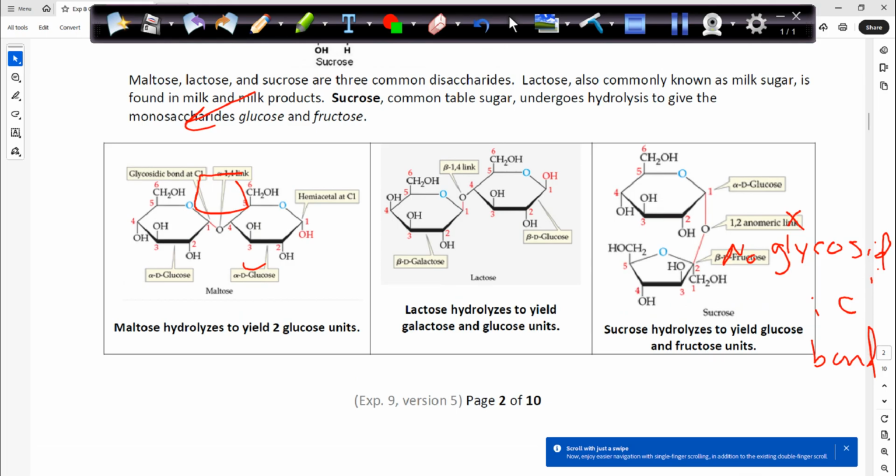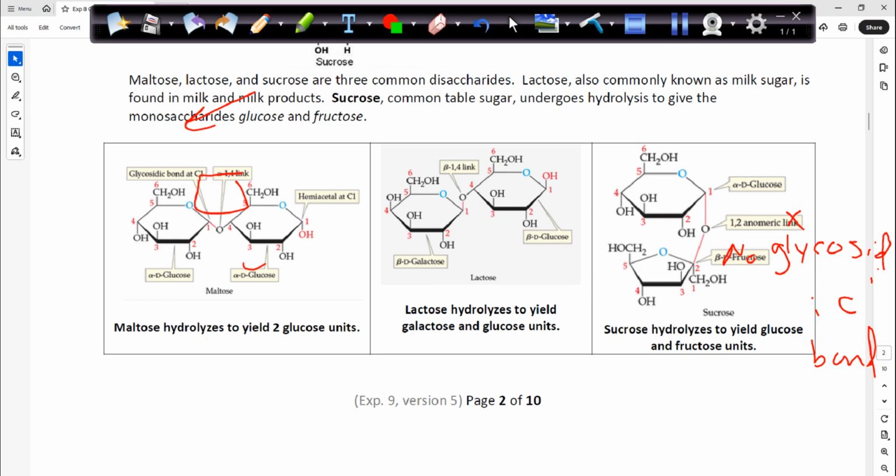So therefore you can see, because we don't have a bond there, sucrose gives you a negative reaction for Benedict's. So we have eliminated sucrose, which is made of glucose and fructose. So there is no reaction. With the rest, there will be a reaction, correct?